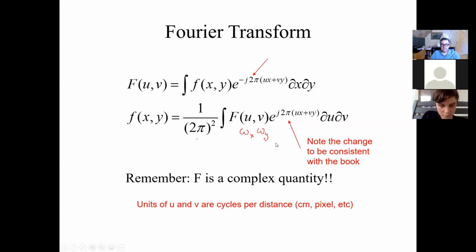If we were to look at the units of what goes on up in here, basically we're talking about 2 pi radians per cycle times, let's say, I'll just use U, the same applies for V, cycles per distance, and times X, which is just in units of distance, whatever the units of distance happen to be.